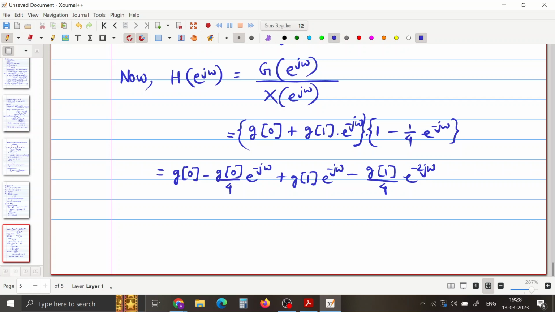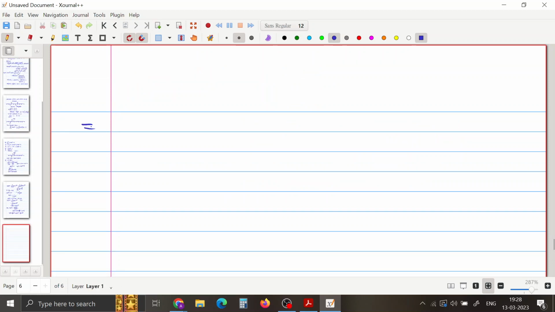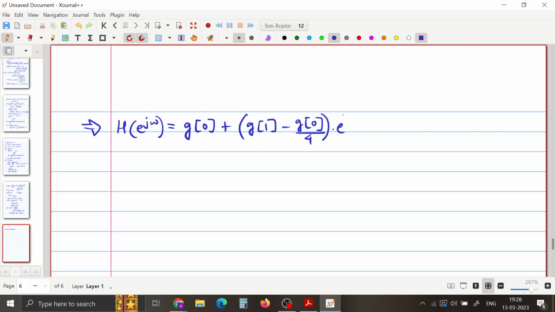Okay, let me go to the next page. So what I get is, I can club these two terms for e power minus j omega, and the remaining term is this.